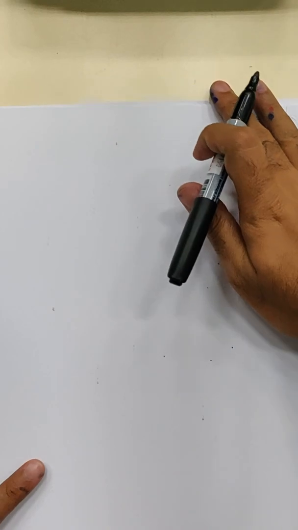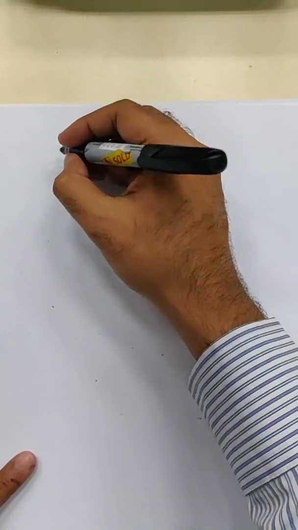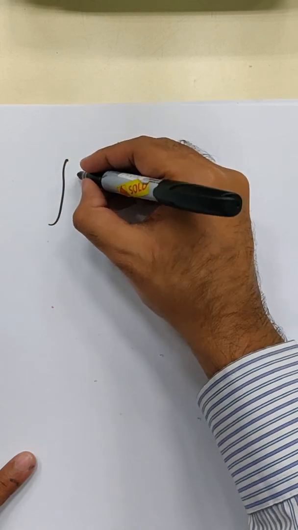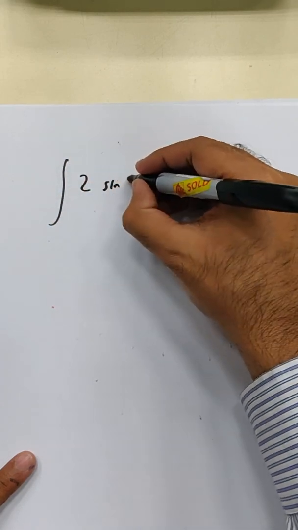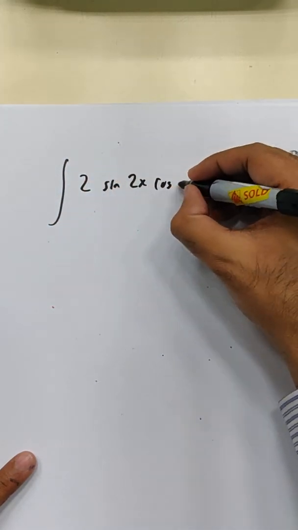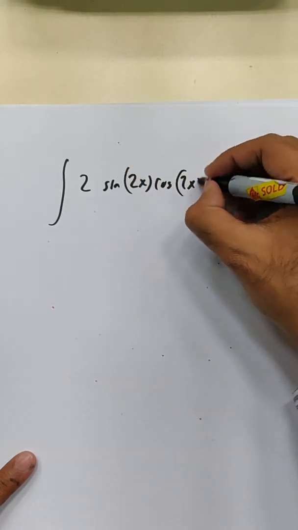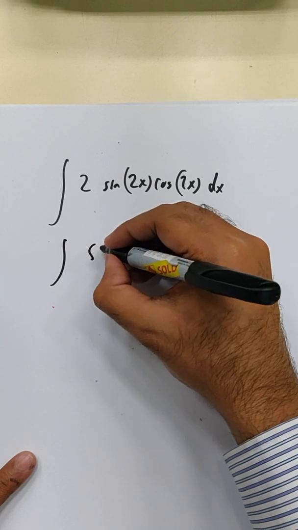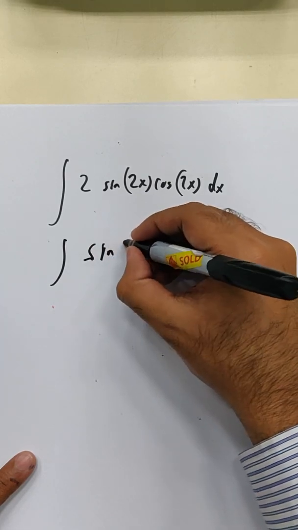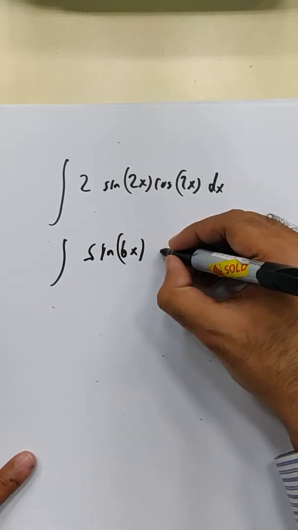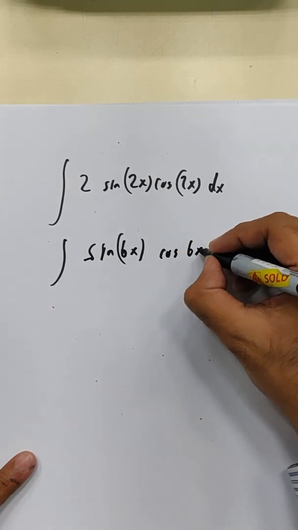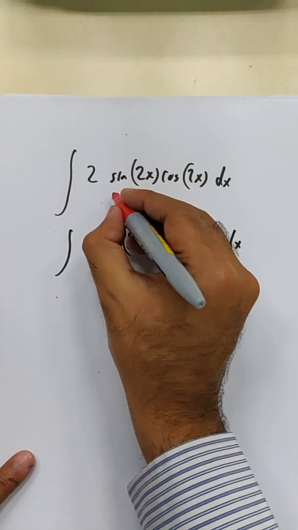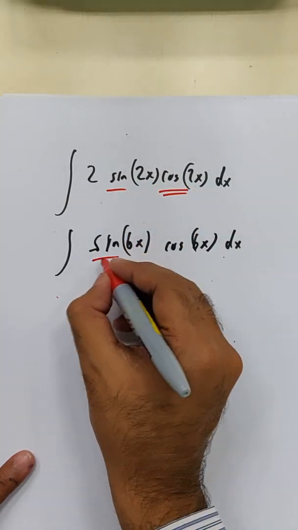Okay, for this kind of case where you got yourself, I'll show you the question. Okay, for this case you see you have two types of trigo.